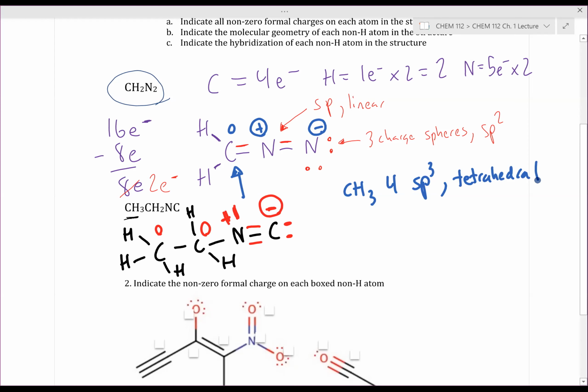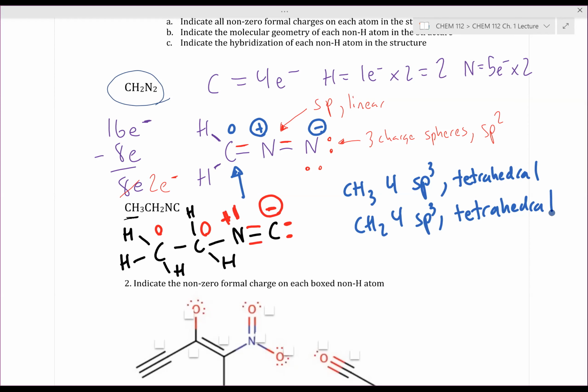Okay, perfect. Now, looking at this carbon in the CH2 functional group, does that carbon also have 4 bonds and 0 lone pairs? So does it have the same geometry and hybridization? Yes. Always try to utilize pattern recognition to reduce the amount of work that you have to actually think about. Now let's take a look at this nitrogen, and we can again use pattern recognition.